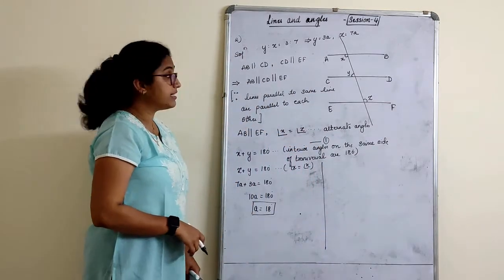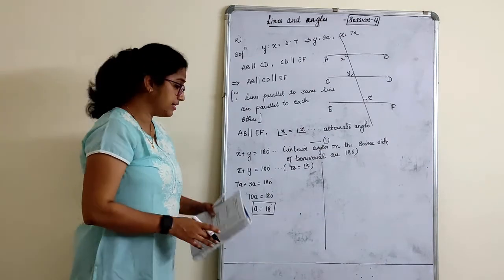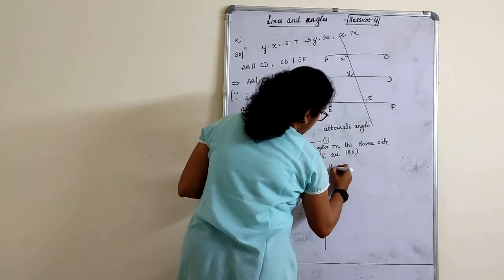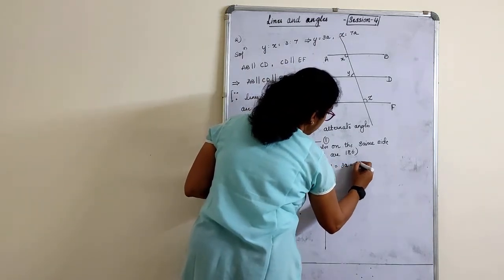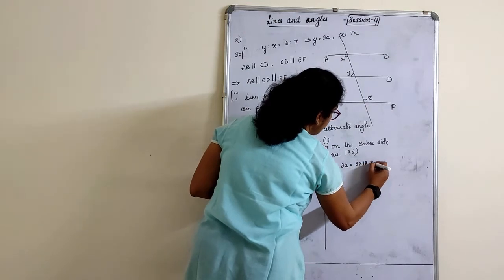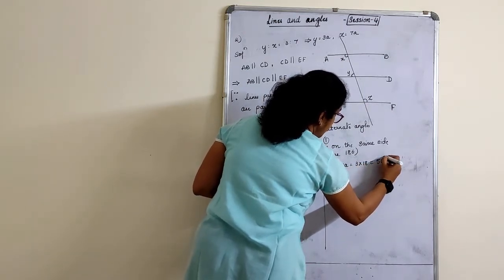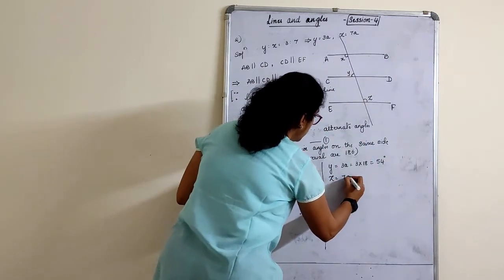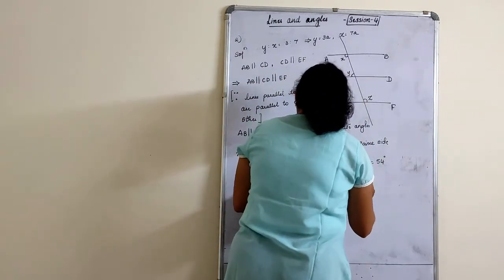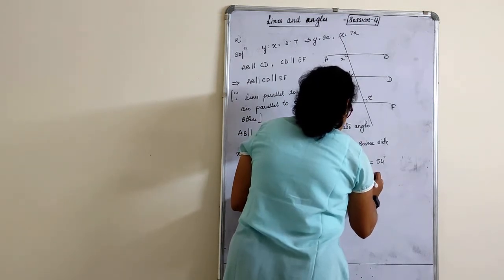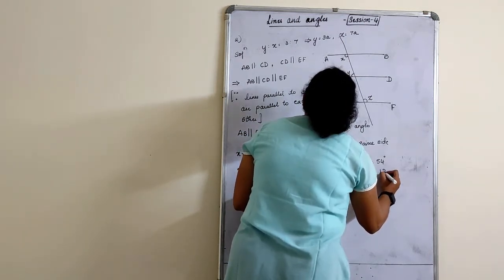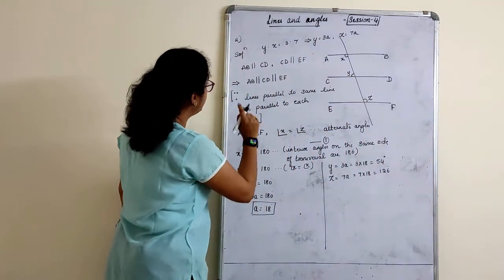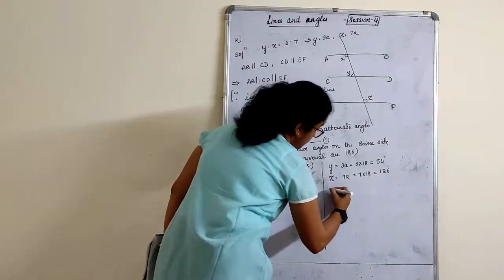So now if a is 18, can we find x, y, z easily? Yes, we can find. y is equal to 3a, that is equal to 3 into 18, 54 degree. Last we will write z is equal to 7a, that is equal to 7 into 18 is equal to 126 degree. Now last, x. Yes, x is equal to z.